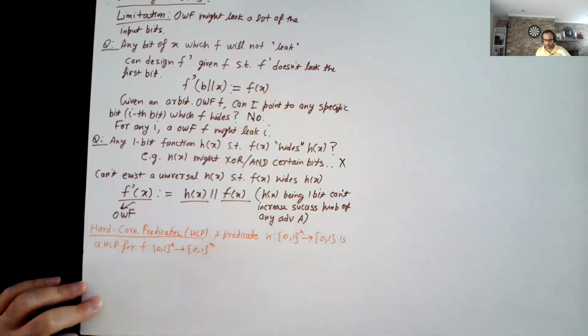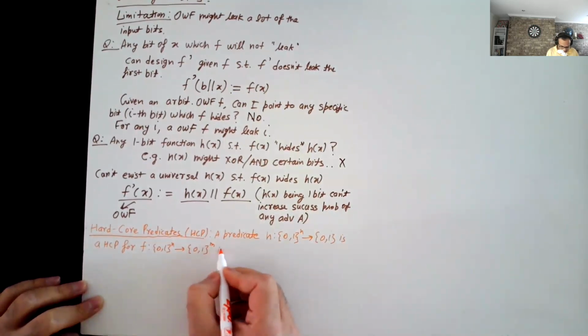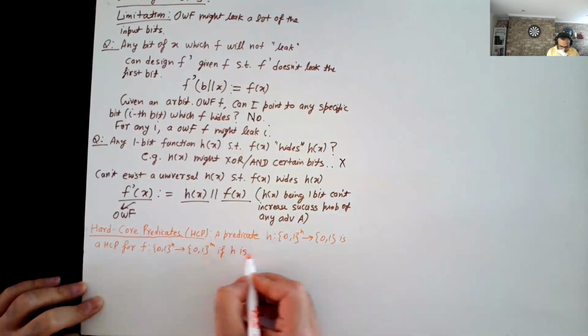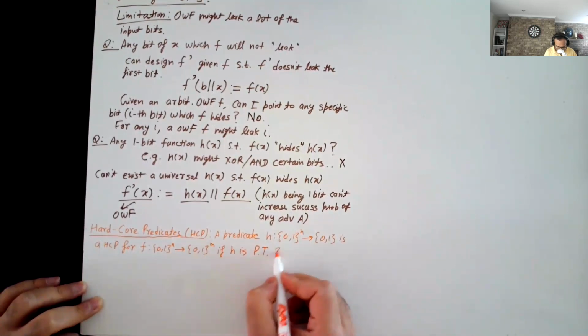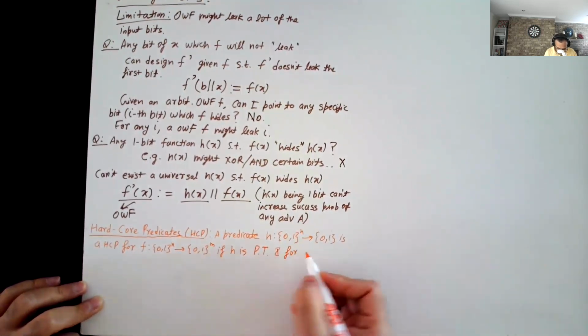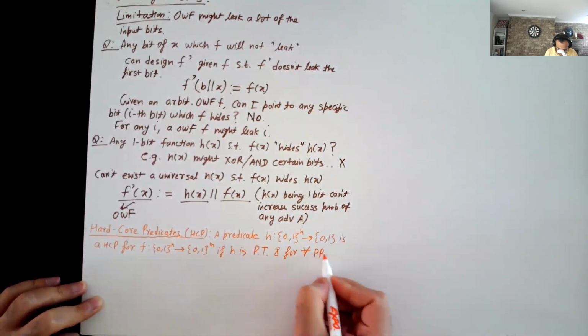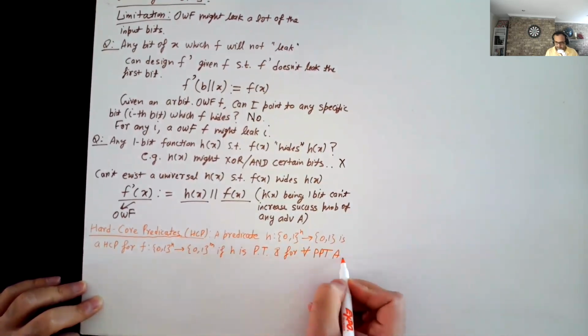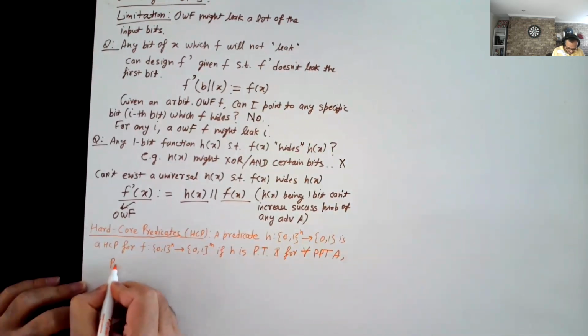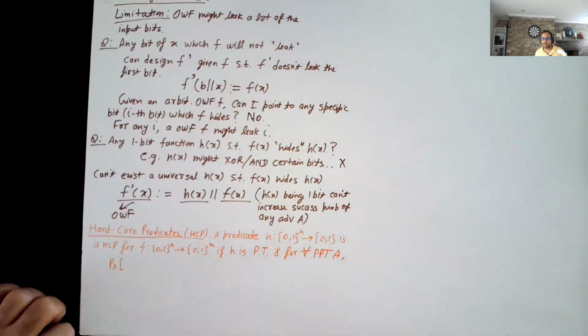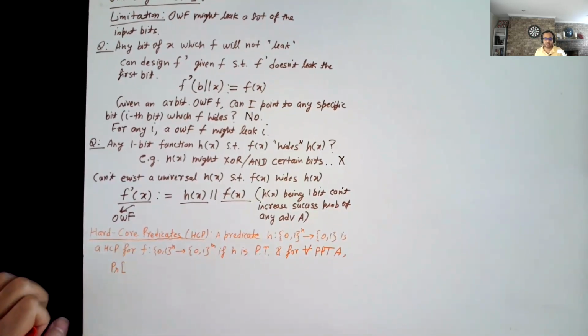Which takes an n bit input and gives you an output. If the function h is polynomial time computable, and for every PPT adversary A, what we want is that the probability that, given the output of f, an adversary can guess the output of h is roughly half.